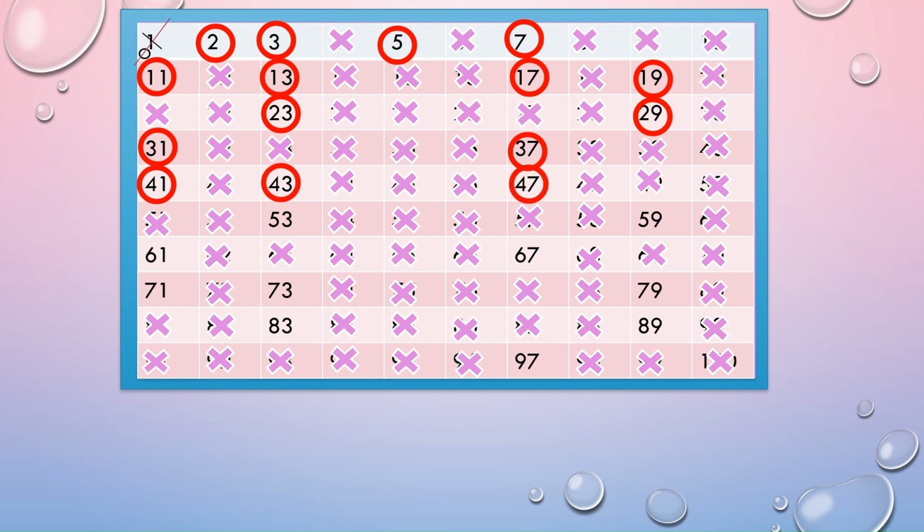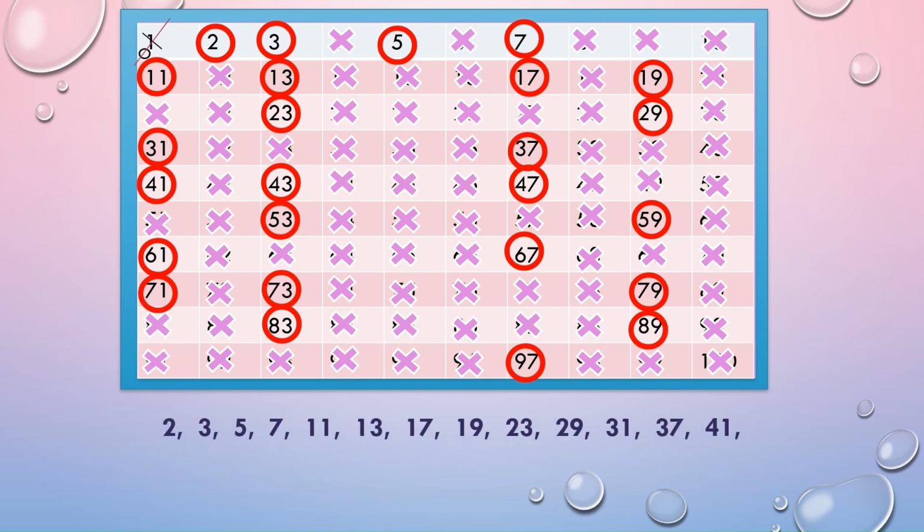Next row. 53, 59. Next row. 61, 67. Next. 71, 73, 79. The next row, 83, 89, and the last row, 97.